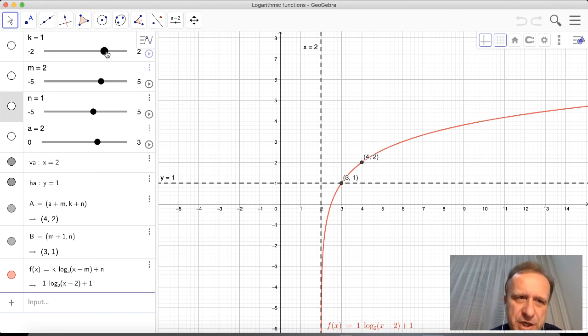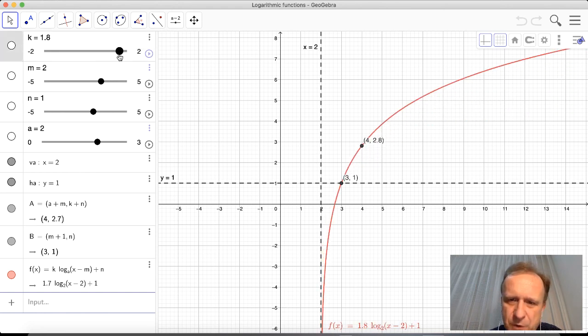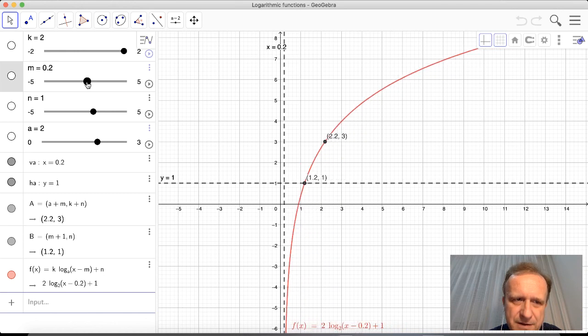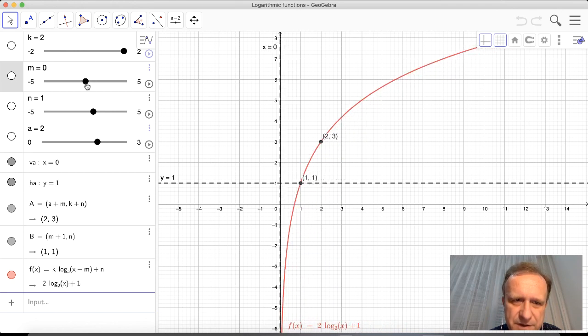Now, if I change k, you see the most general case. If you change the value of k, you then translate not the logarithm of x in base 2, but the function 2 times logarithm in base 2 of x. So this function is translated by m and n in the horizontal and vertical direction.